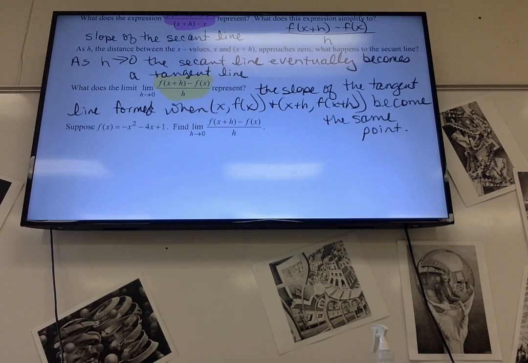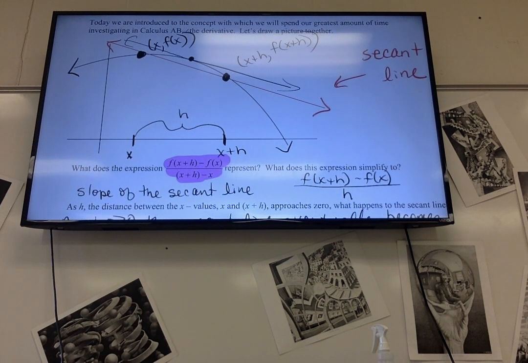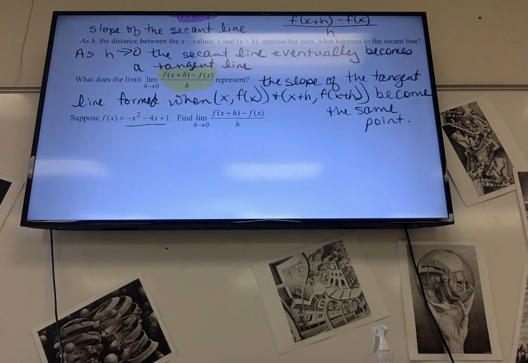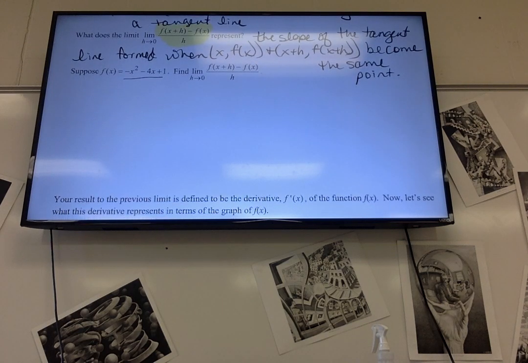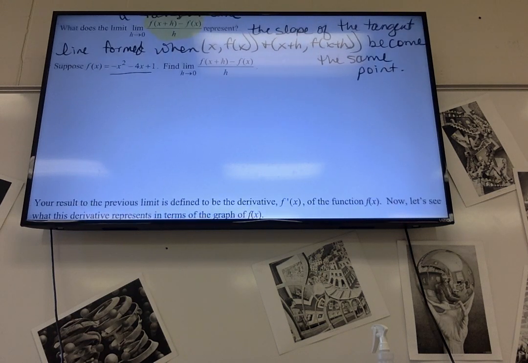So we're going to suppose that f of x is this actual equation, which, looking at it, is an upside down parabola. We're going to find the limit of that as h approaches 0. So what do I do? How do I find f of x plus h?